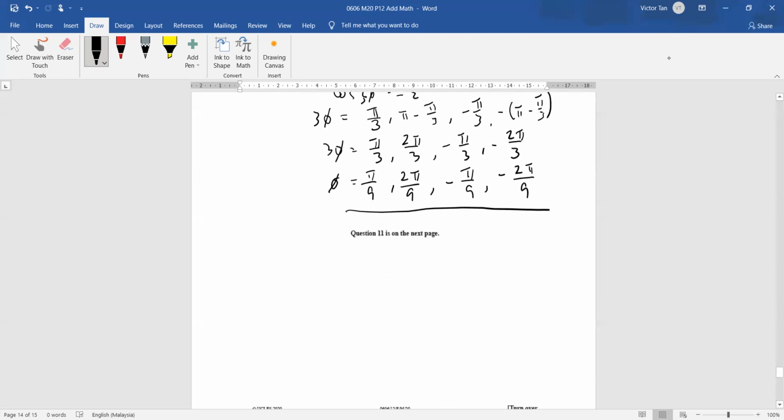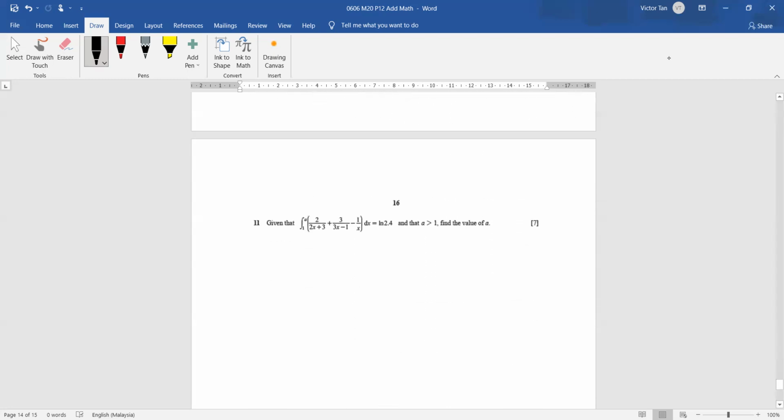Next question. Given that the integral is equal to ln 2.4 and a is larger than 1, find the value of a. So integrate from 1 to a, 2 over 2x plus 3 plus 3 over 3x minus 1 minus 1 over x, dx.